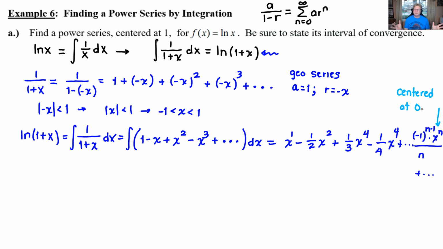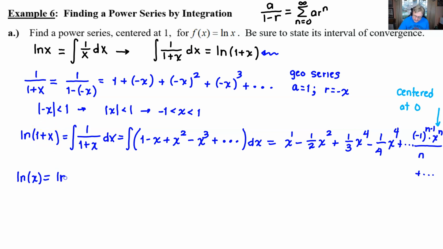We want natural log of x. So my suggestion would be to say, well, if we want natural log of x, what is it that we can do with the natural log of 1 plus x to make it look like a natural log of x? Well, hopefully you're looking at this and saying, well, we would need to subtract 1.